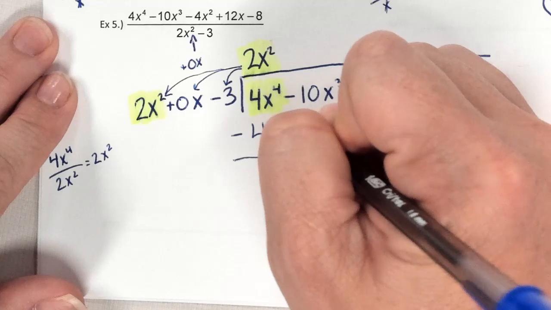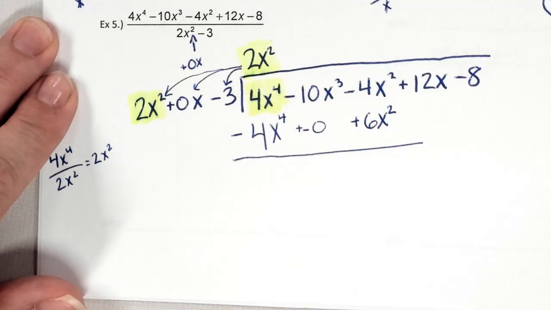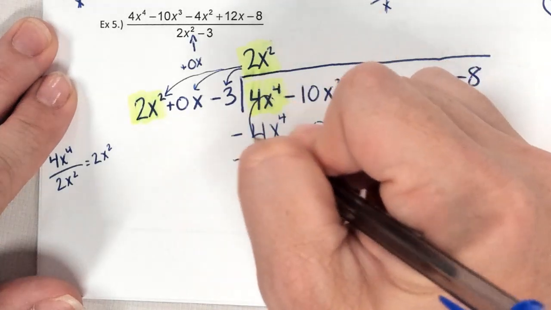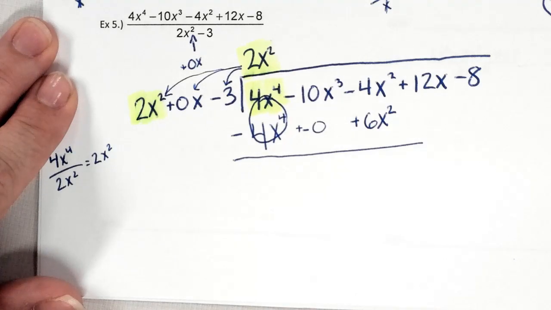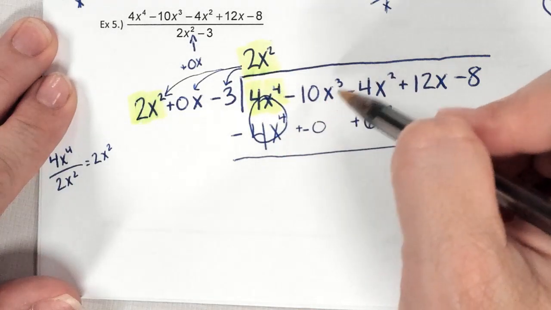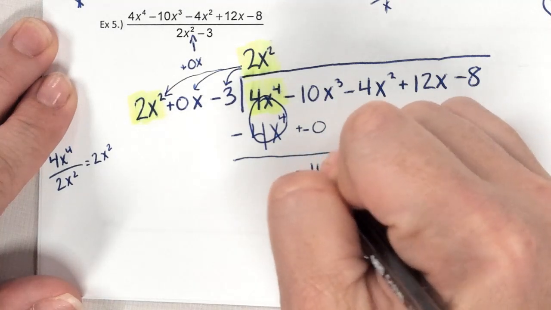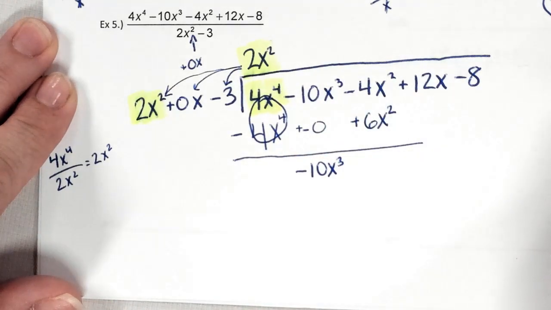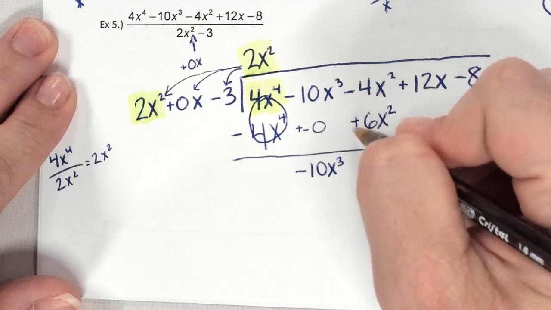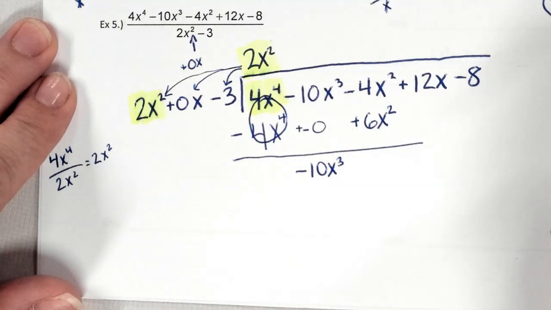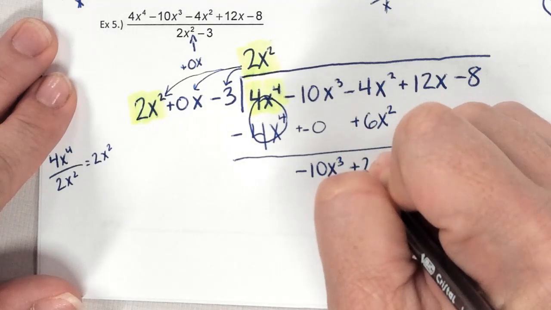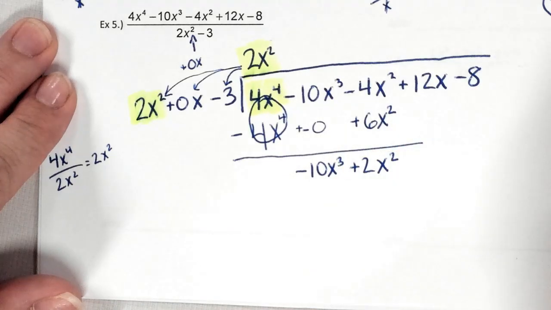So opposite, opposite, opposite. First term cancels, which is what we want to happen. Negative 10x cubed minus 0. Does that change anything? No, it's just negative 10x cubed. What's negative 4 plus 6? Positive 2x squared.